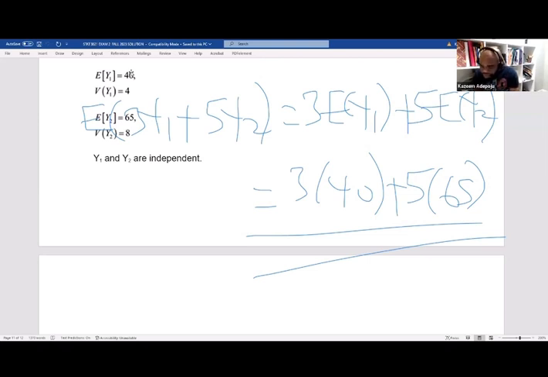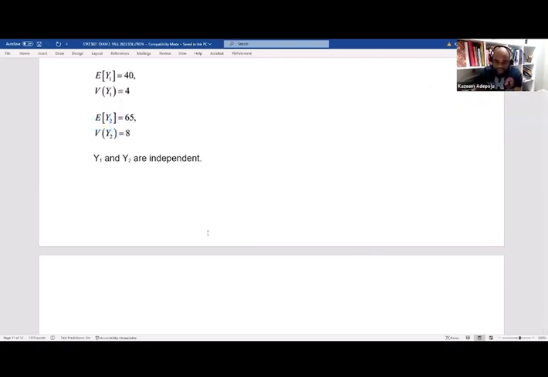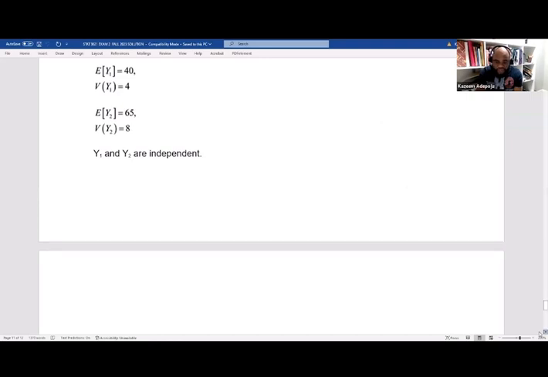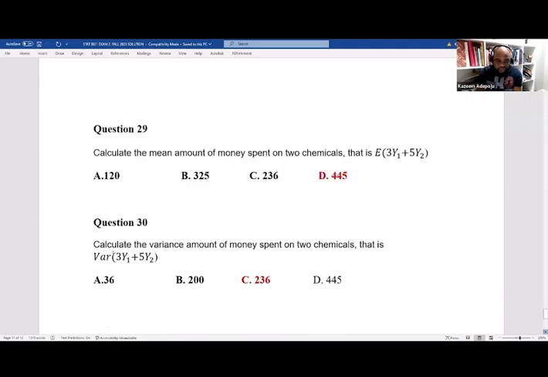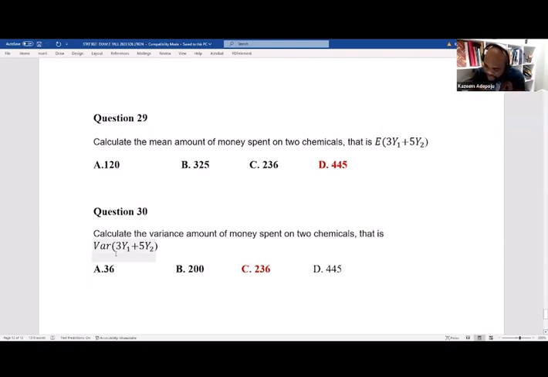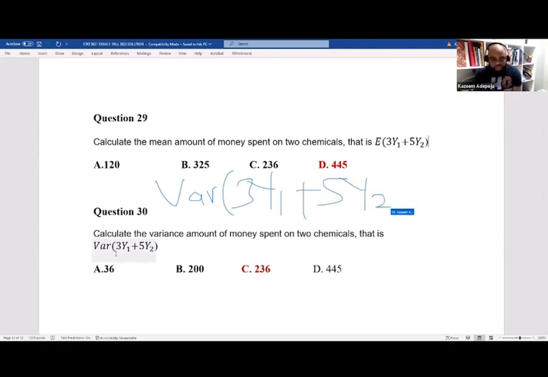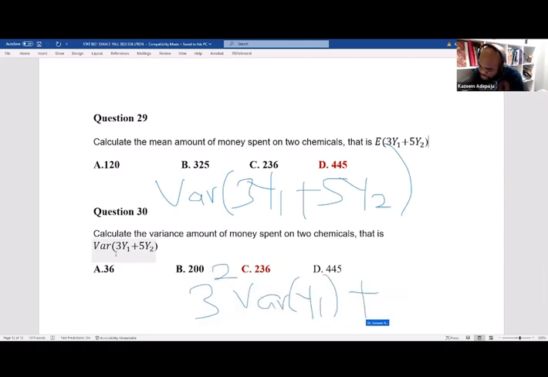But what if they ask you the variance of the linear combination, just like question 30 here? Question 30 is talking about the variance of 3y1 plus 5y2. Now, this is written as 3 squared variance of y1 plus 5 squared variance of y2. And 3 squared is going to be 9.